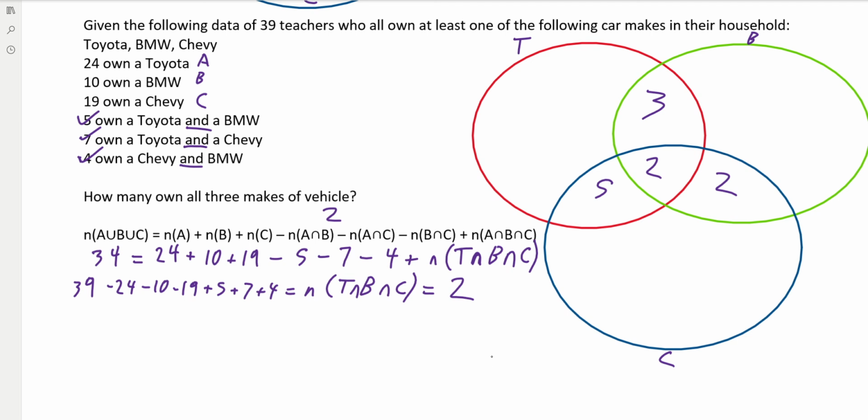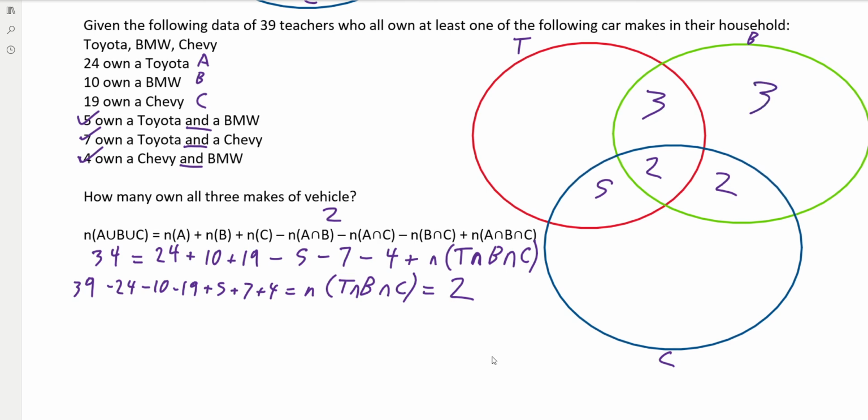Now we know that there are 10 that own a BMW, so 10 minus 3 minus 2 minus 2, so 3 is our answer.